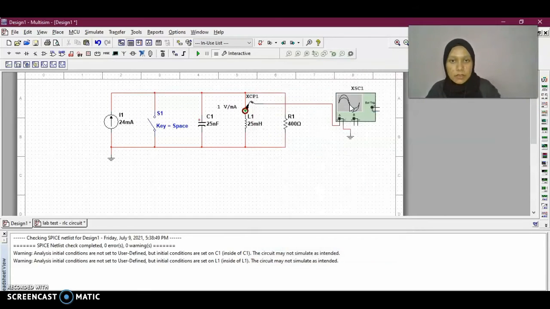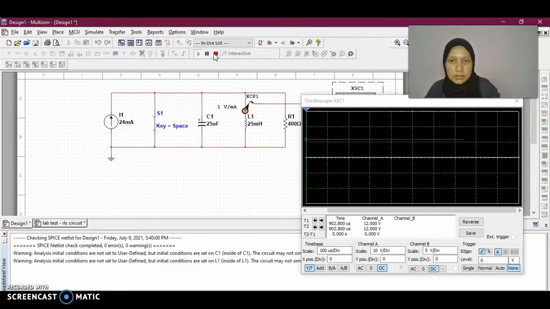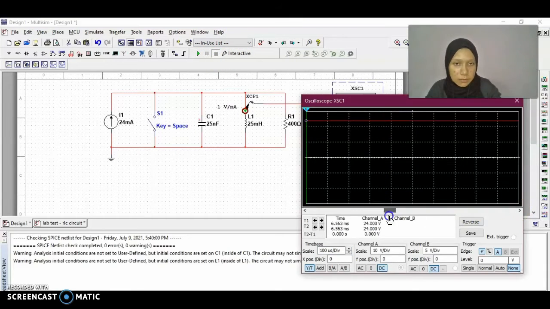Then we're going to observe the output when the value of resistor is equal to 400. Switch off, close the switch, and then start, open, stop. If you can see here, initially the value of voltage is equal to 12 volt.